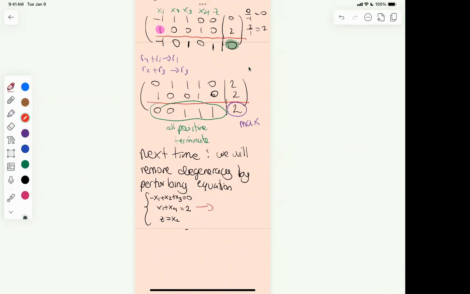So you would write something like minus x1 plus x2 plus x3 equals epsilon 1, and then x1 plus x4 equals 2 plus epsilon 2. And here you think of epsilon 1 and epsilon 2 as really small numbers.